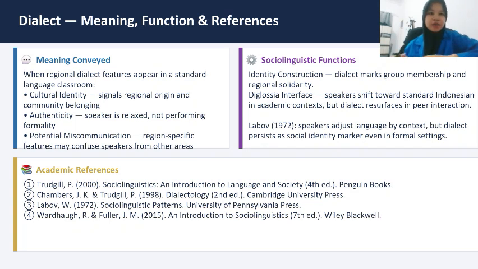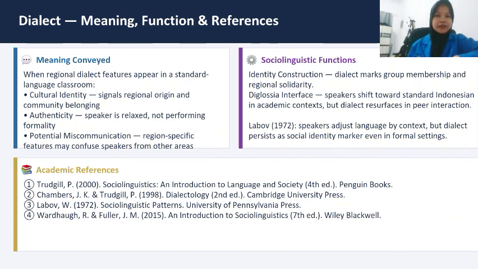Second, authenticity. Using dialect shows the speaker is relaxed and genuine. Third, it can sometimes cause miscommunication if the features are too region-specific. Sociolinguistically, dialect serves an identity function, marking group membership and regional solidarity.